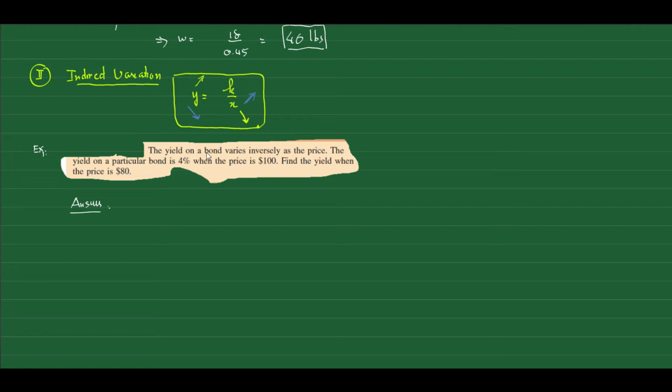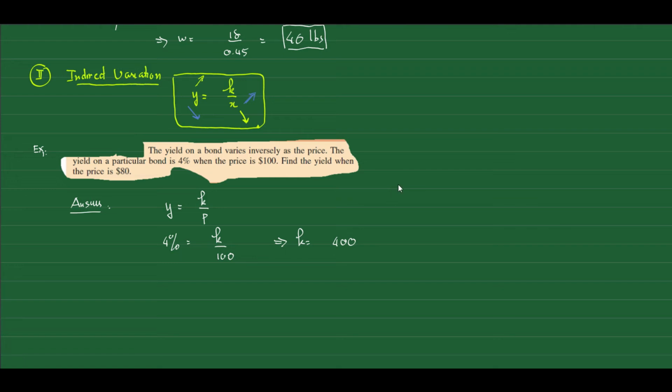U varies inversely as the price, so U equals K over P. The U is 4% when the price is 100, so we can find the K right here. K will be 400.